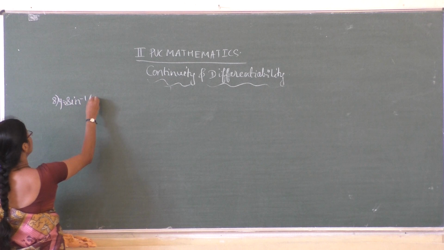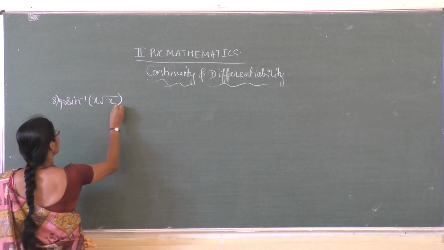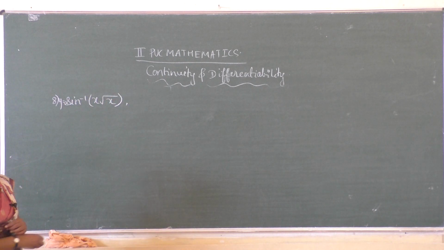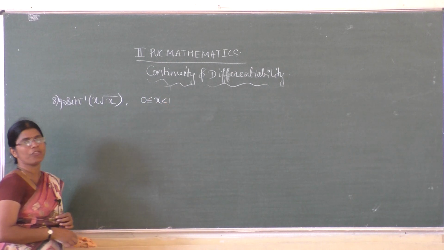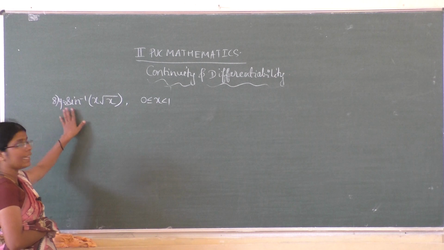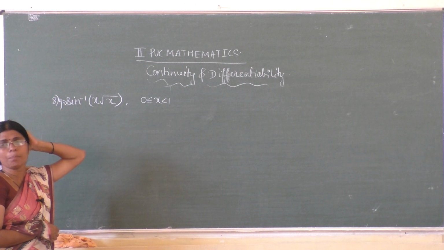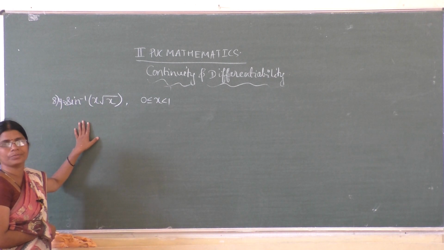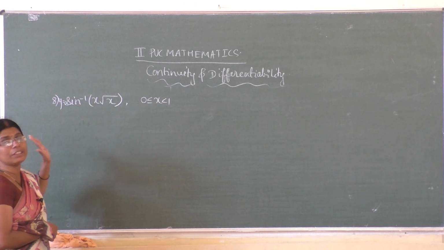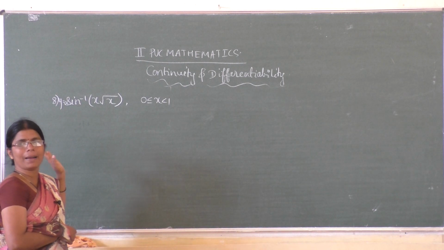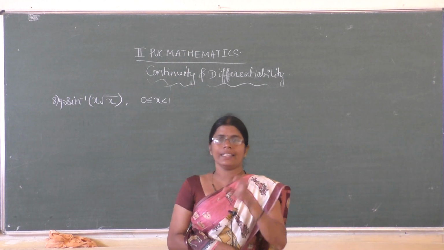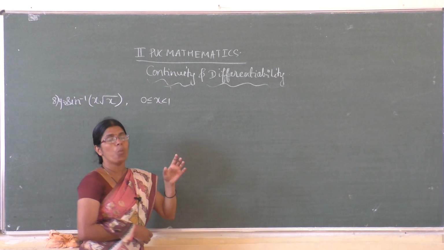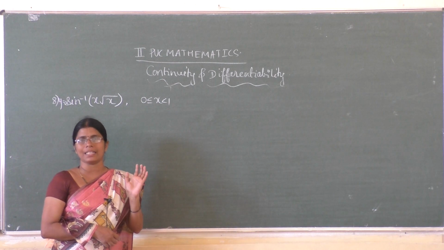So next one, y equal to sine inverse of x root x, where 0 is less than or equal to x less than 1. Further simplification is not possible here. Suppose you have sine inverse of x, then dy by dx is 1 by root of 1 minus x square.